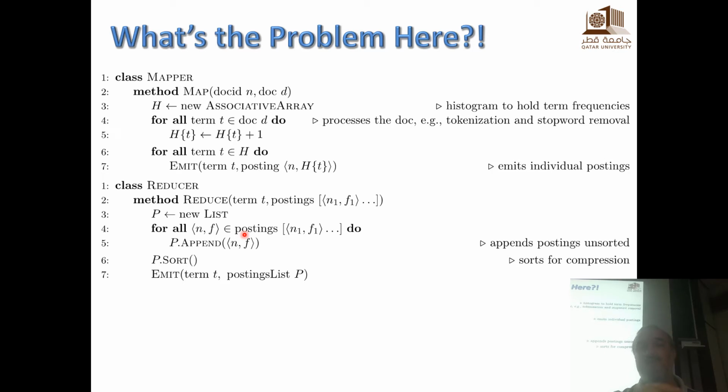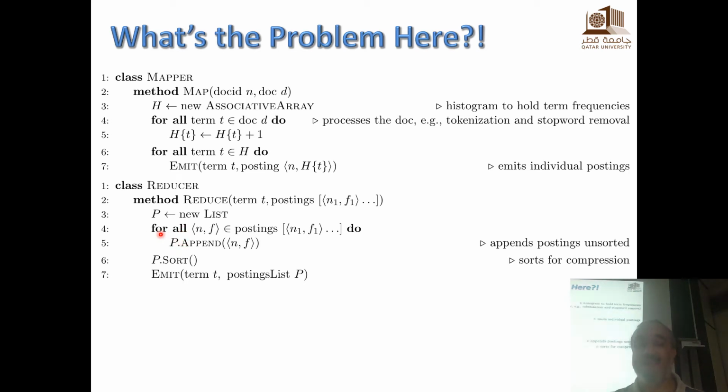What is required before sorting? What do we do before sorting here? Look at these two lines. We create the posting list unsorted. We just add one posting at a time to the list, and then sort it.